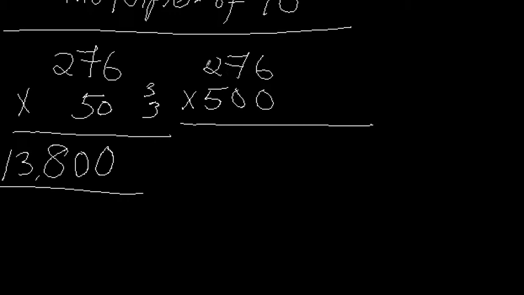Similarly, when we have 276 with 500, since it is a multiple of 10, we have 2 zeros in the first 2 digits.